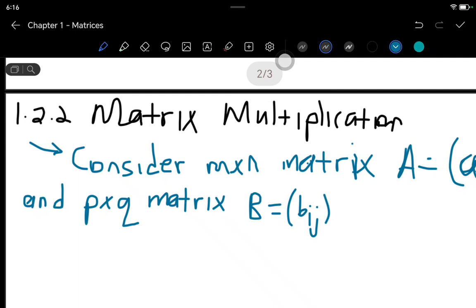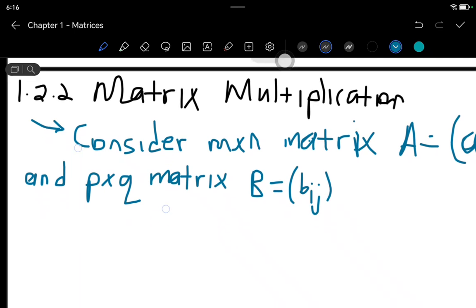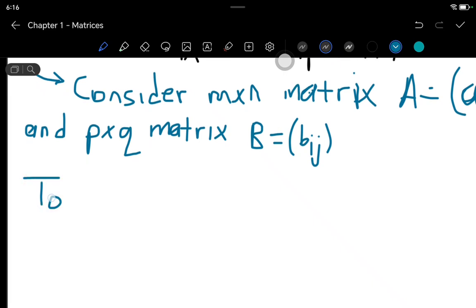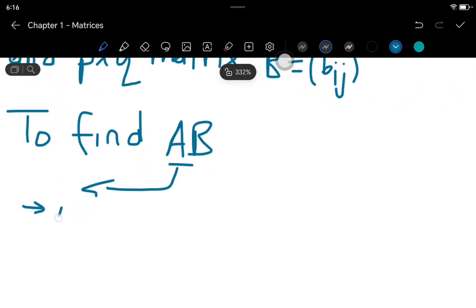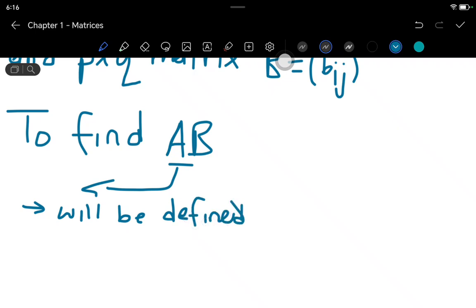You see right now, and if we want to find, if I want to multiply these two matrices, if I want to find AB, this will be defined if and only if we have that n is equal to P.